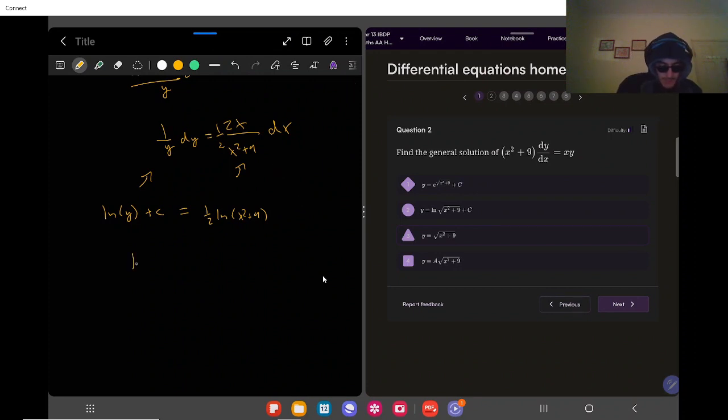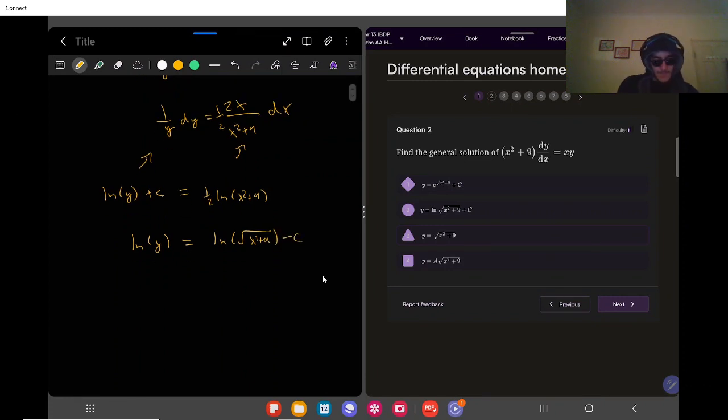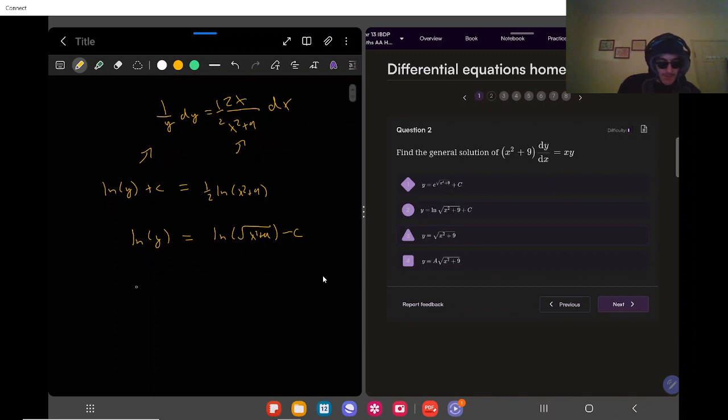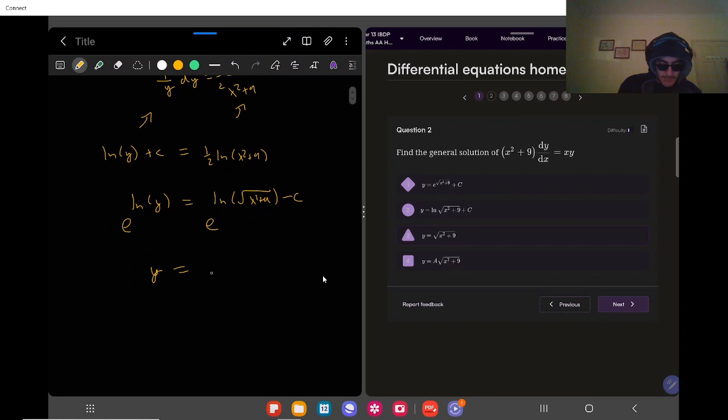Maybe this part I know is ln root x squared plus 9 minus c. Take e to everything. This part is just y, which equals root x squared plus 9. That's somewhere there. Yep, that is somewhere there.